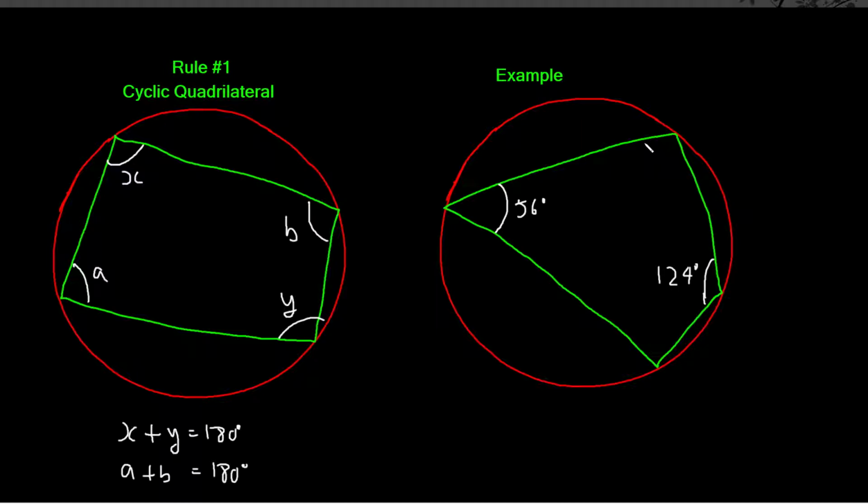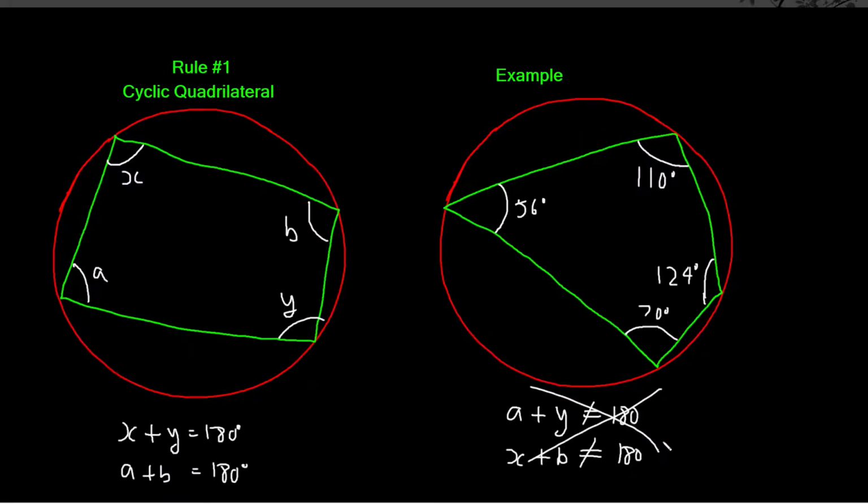And if for example this is 110 degrees, then this would be 70 degrees. Now note that a plus y does not equal 180, neither will x plus b equal 180. This is not true. So this is your first rule.